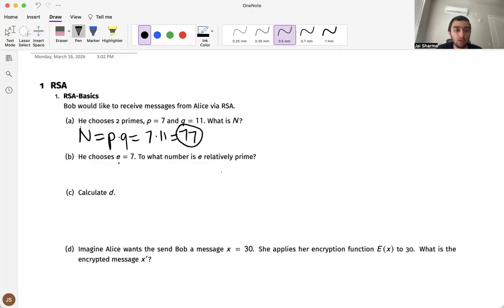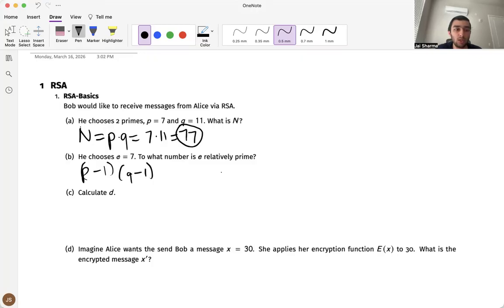And the other thing is, he chooses his public key, which is E, to be 7. To what number does E have to be relatively prime? So the other number that's really important besides n, which is p times q, is p minus 1 times q minus 1, right?